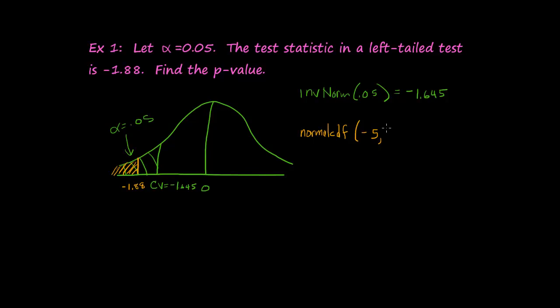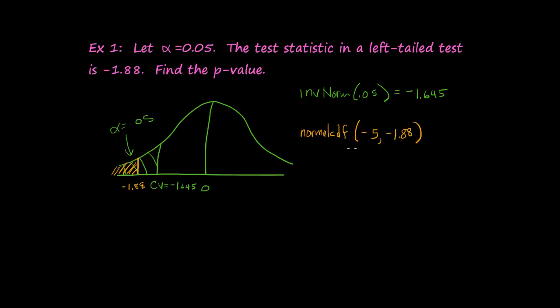Negative 5 works fine. Then our maximum value, well, we end our shading here in the orange at negative 1.88. So when we use this function, it will give us the area associated with this test statistic of negative 1.88.